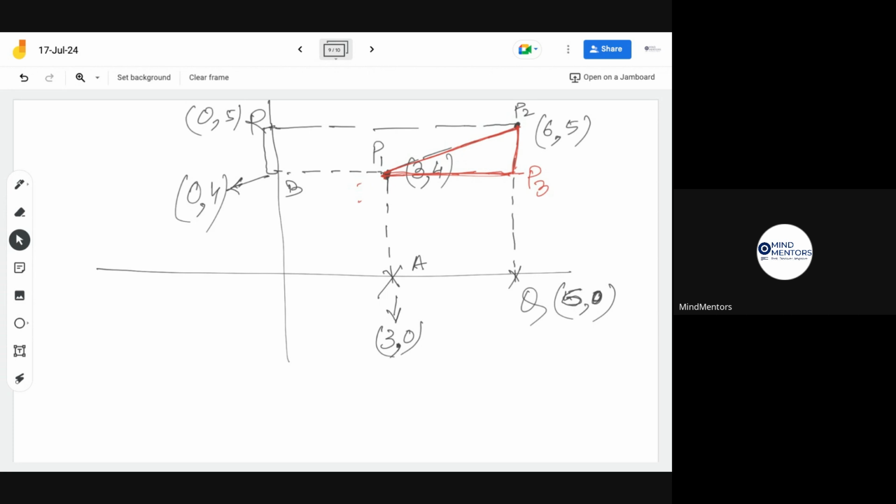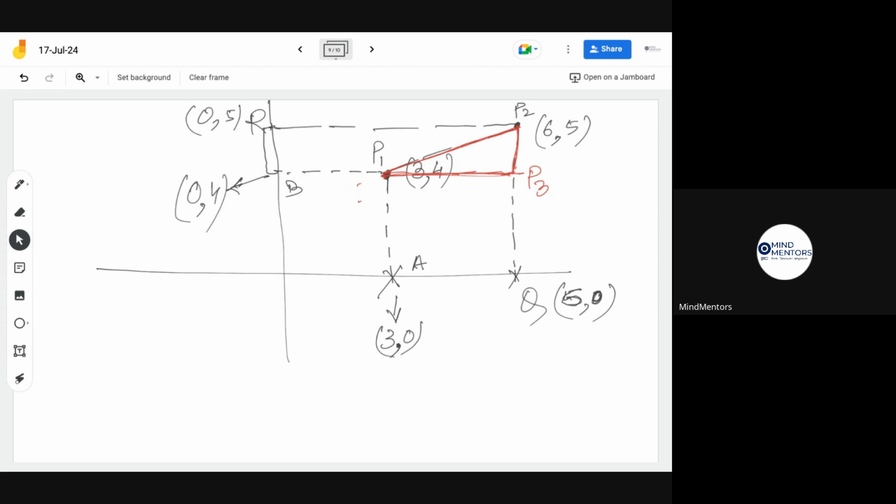Okay, you think it is root 10. Aaron, you also think it is root 10. Ansh and Uday, root 10. Okay. So you know how to do this, right? The distance formula. This is exactly what you have done.